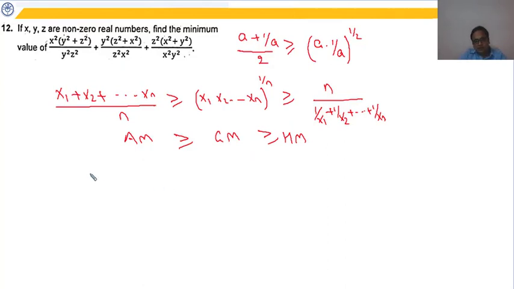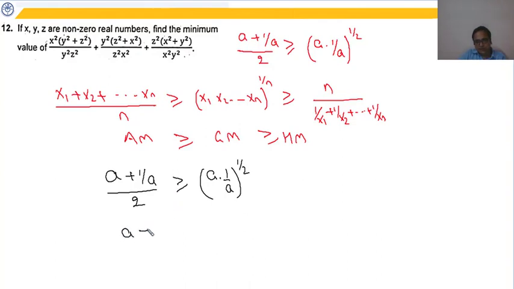Now, whenever you take a positive number and its reciprocal, its arithmetic mean is (a plus 1 by a) by 2. They are positive. And the geometric mean is the square root of their product. So we can find that (a plus 1 by a) upon 2 is greater than or equal to 1.